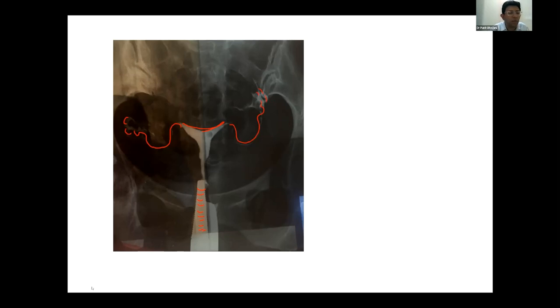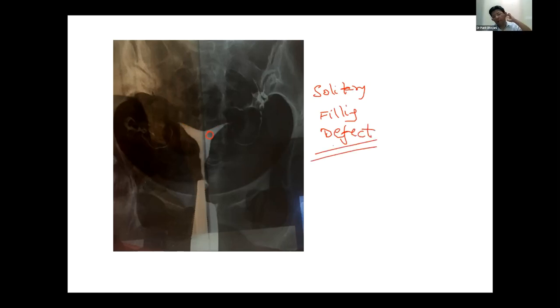So what could be the differential, anybody? My focus is this. You say it is a solitary filling defect. Absolutely correct. It could be a polyp, it could be a fibroid, it could also be an air bubble.